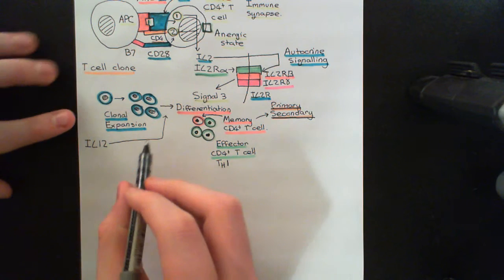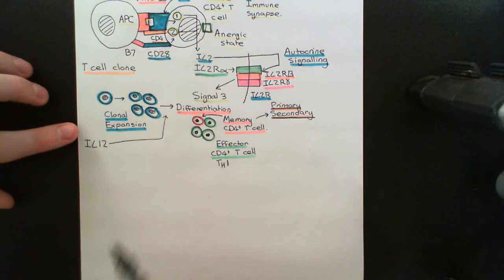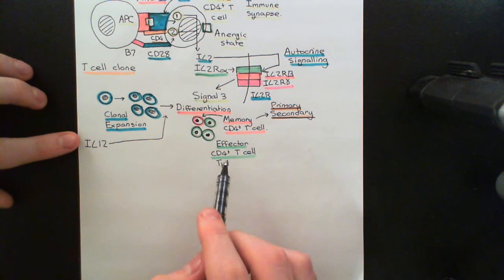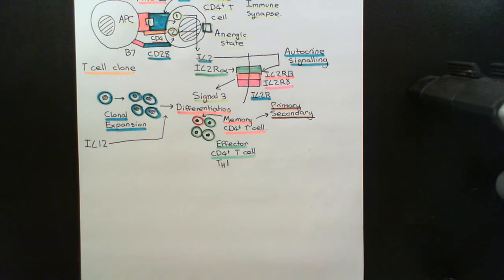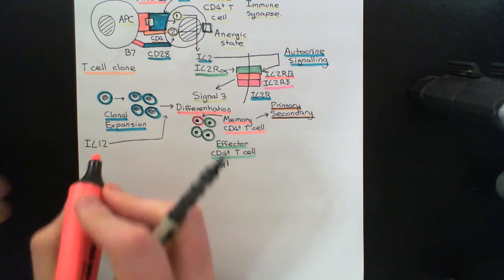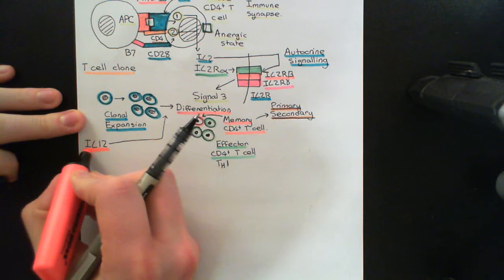Okay, so Interleukin 12 acting on these differentiating CD4 positive T cells promotes them becoming T helper 1 type effector helper T cells rather than T helper 2 type or T helper 17 or T follicular helper or T regulatory.